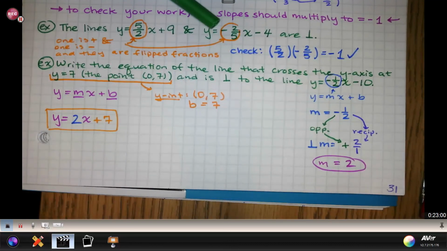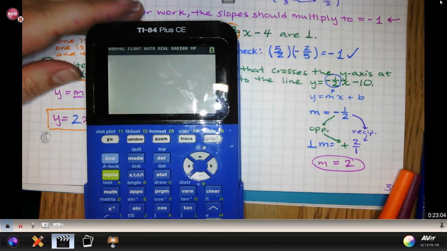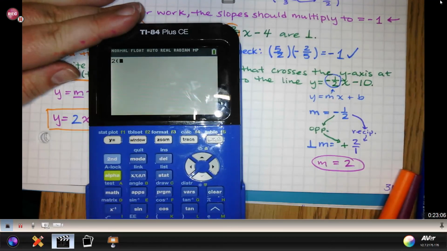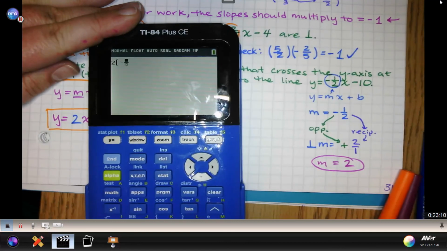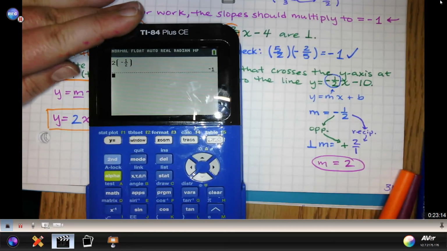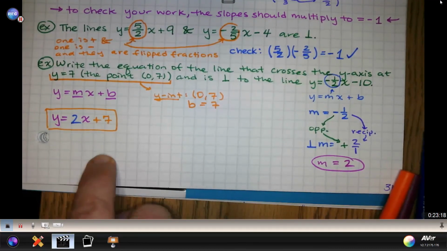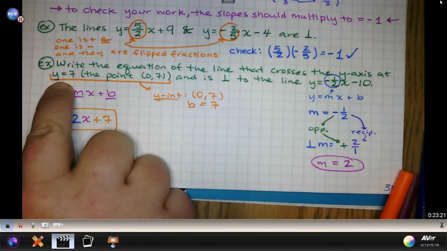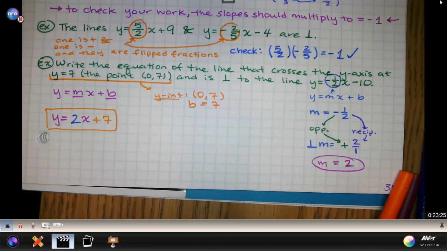And again, just to make sure that we did them correctly, we can do 2 times negative 1/2. And I should get negative 1. Whoop, I do, so that is good. And there you go. That is the equation of the line that crosses the y-axis at 7 and is perpendicular to that line. All right, guys. See you in class.